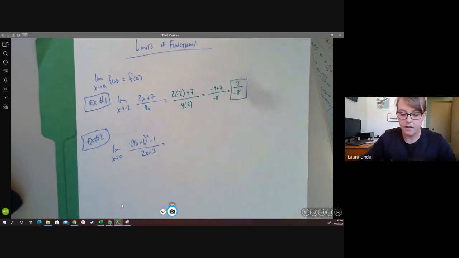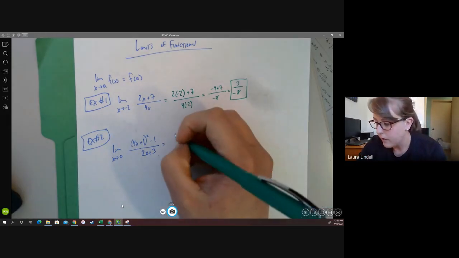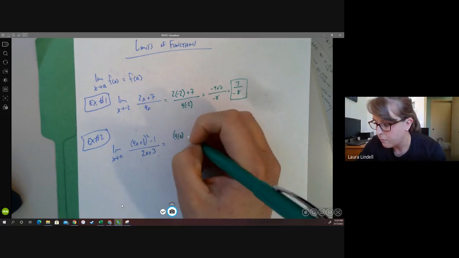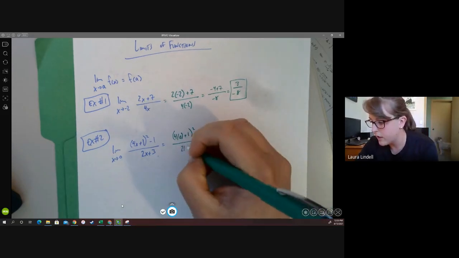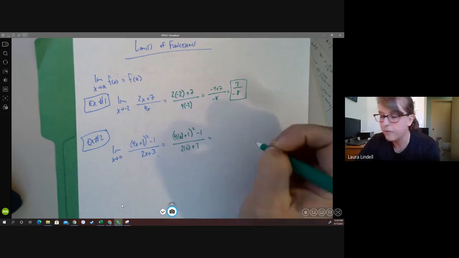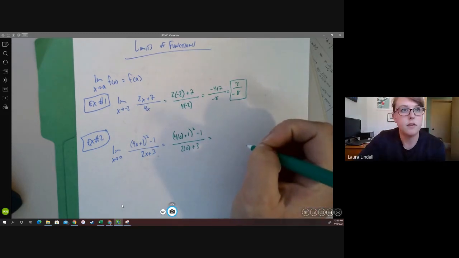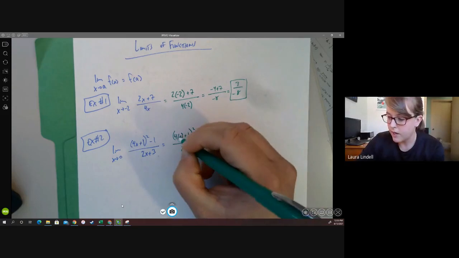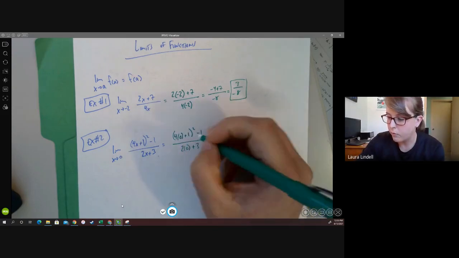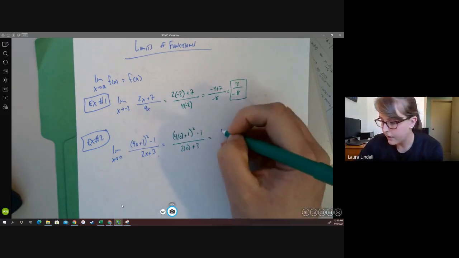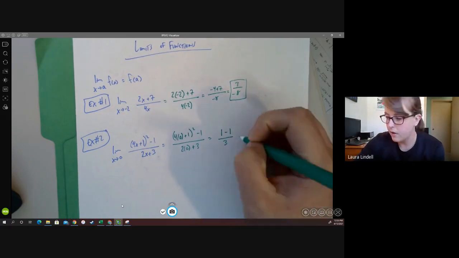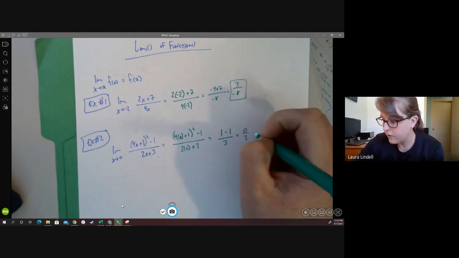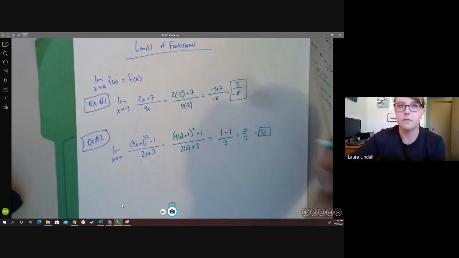Here we're just taking 0 and plugging it in for x. So we have 4 times 0 plus 1 squared minus 1 over 2 times 0 plus 3. 4 times 0 is 0, 0 plus 1 is 1, and 1 squared is still 1. We have 1 minus 1 over 3, which is 0 over 3, which is just 0.